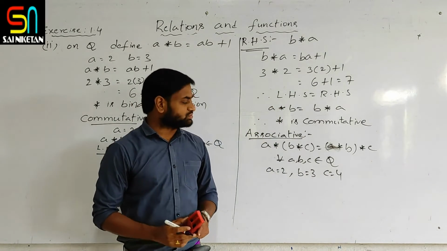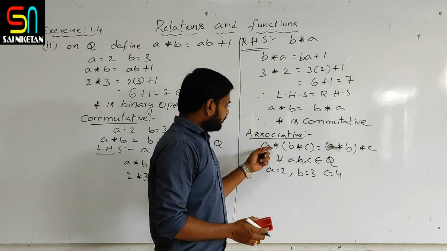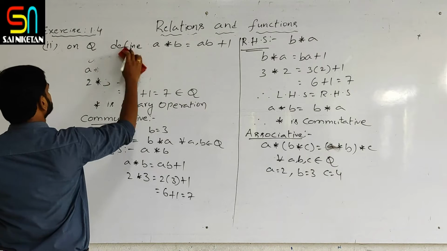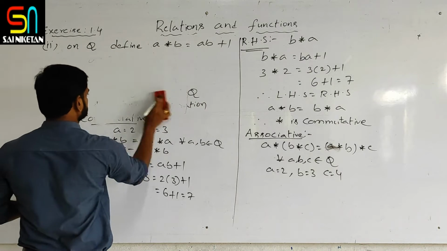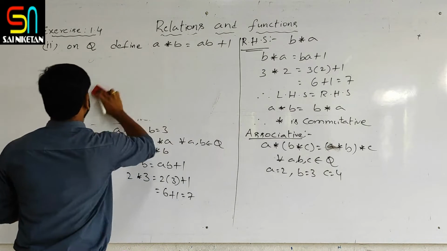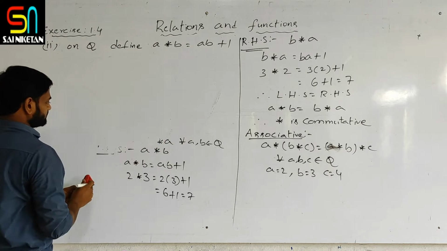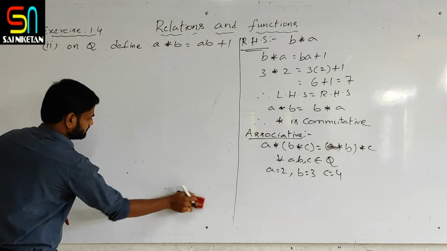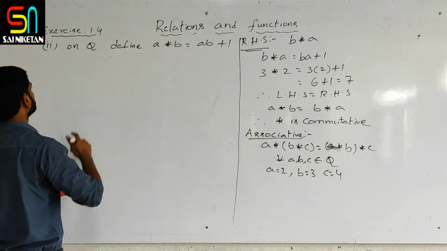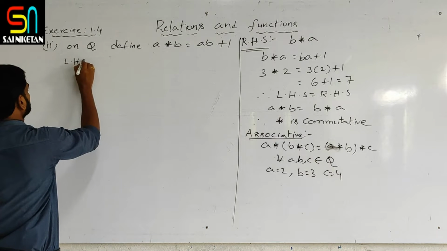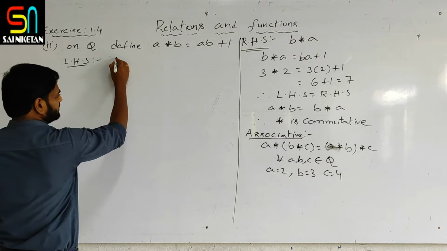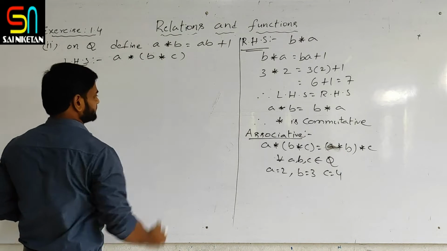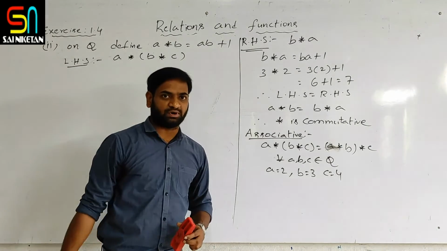Okay. Now see. Now what is the LHS part? I am writing here, LHS part is A star of B star C. This is the LHS part.